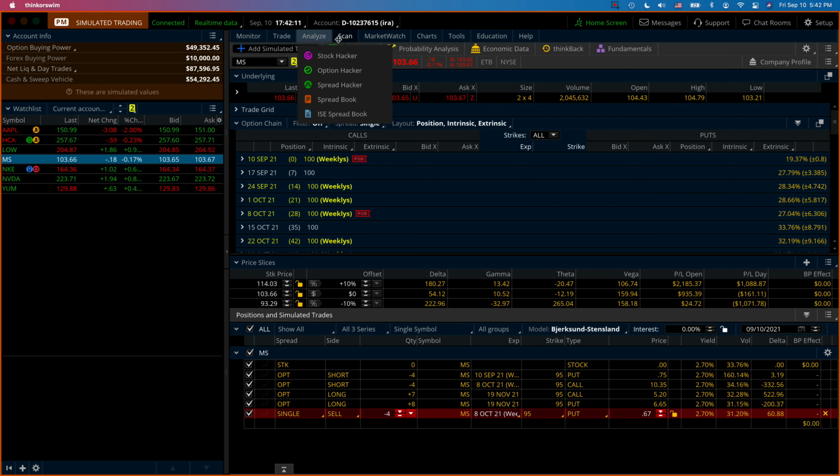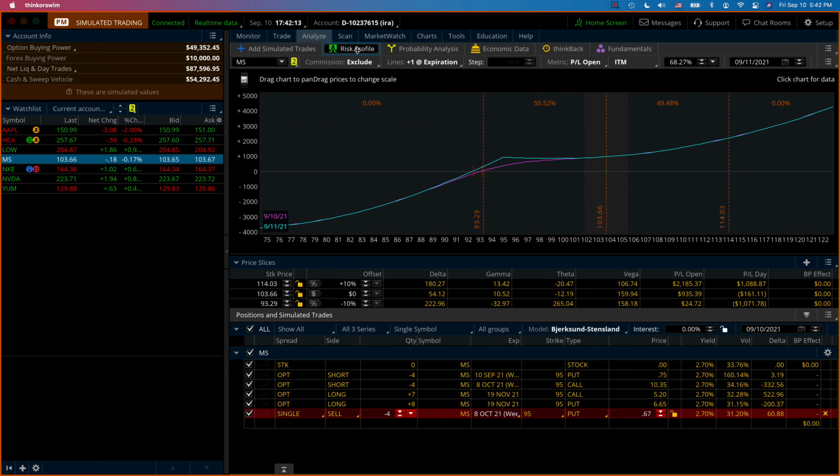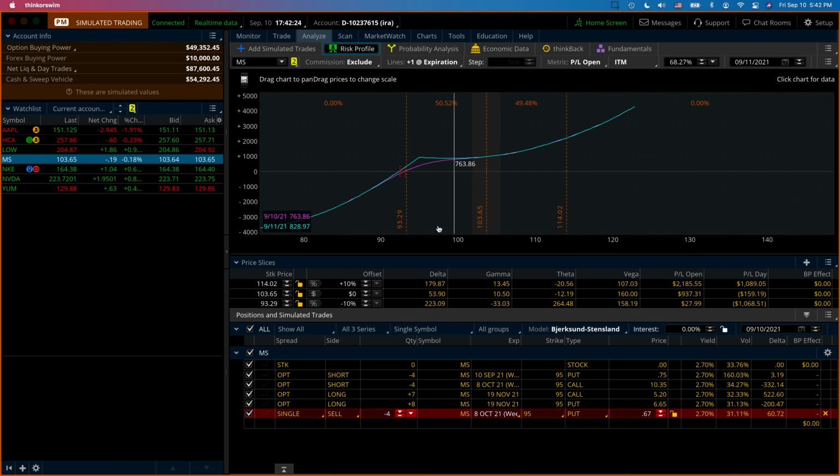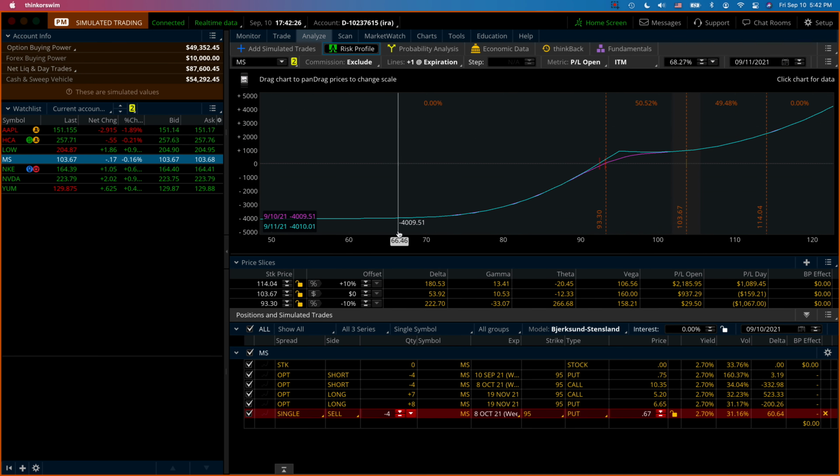So at 4 o'clock Eastern time, this is what the trade would look like. Okay, we don't want it to look like that, because that means infinite potential losses to the downside, or close to that, too large.